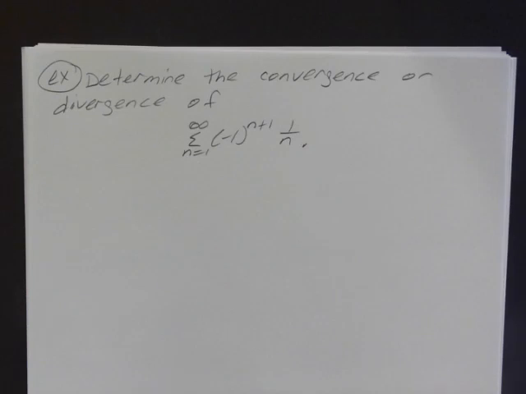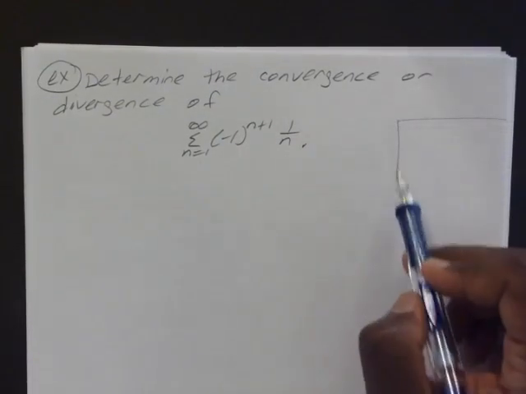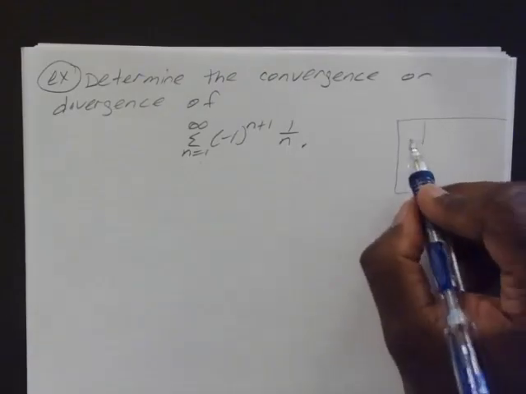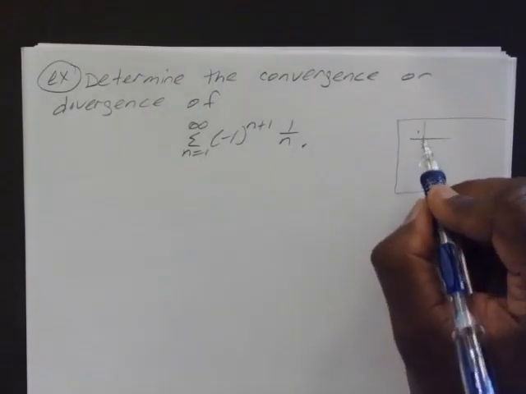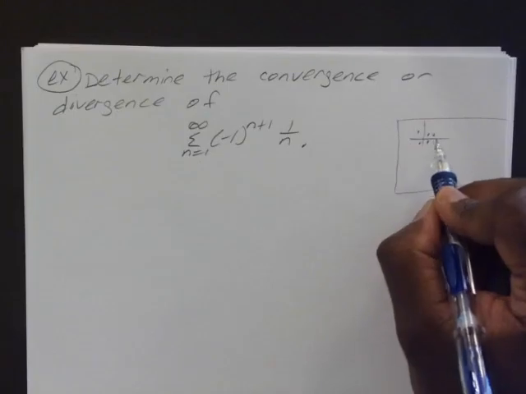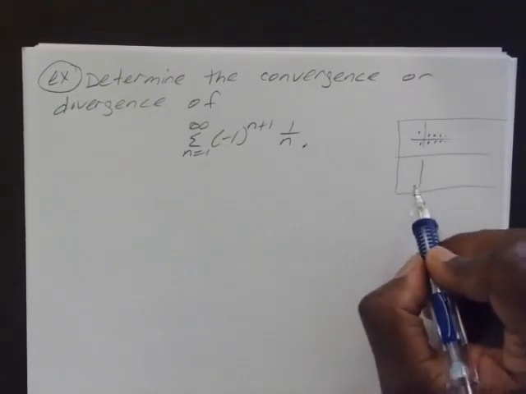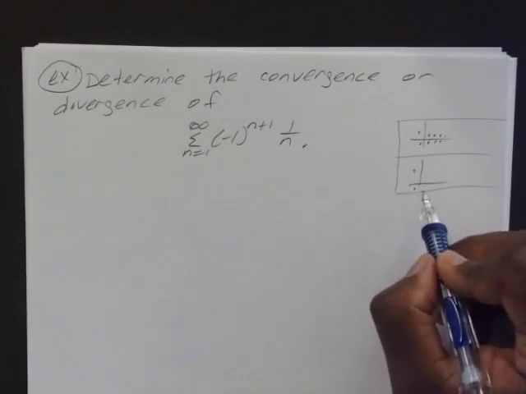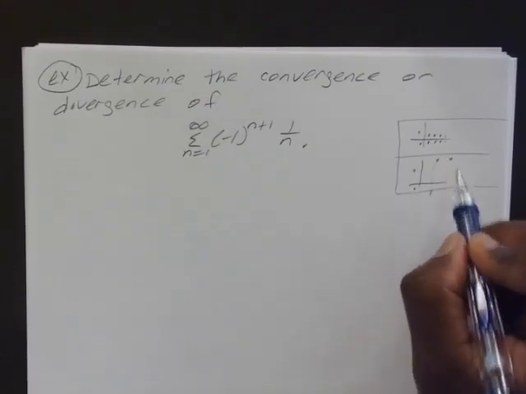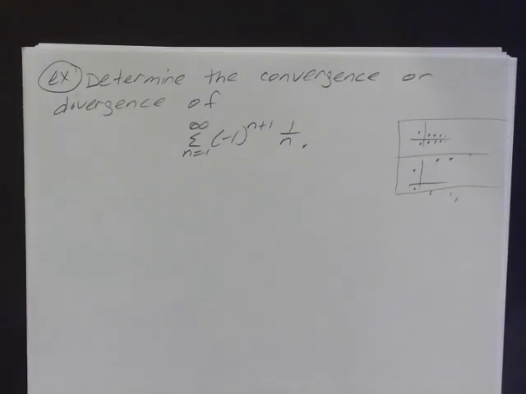Now if you plug in values of n, it'll go from positive, negative, positive, negative, basically alternating signs. So we want to know, just to give you an idea, if they're alternating signs, are they alternating towards a specific value, or are they alternating signs and going off into their own little area.